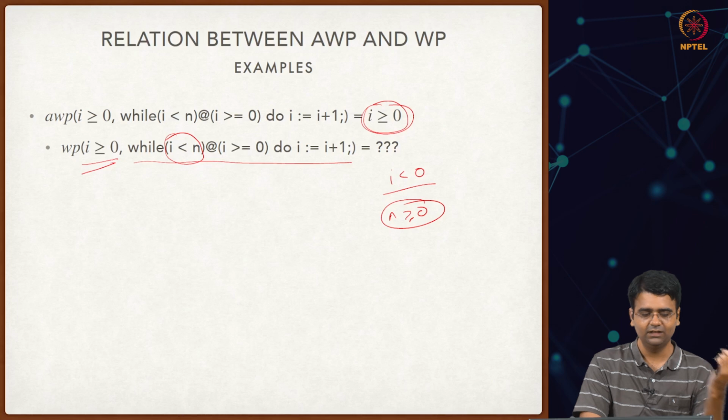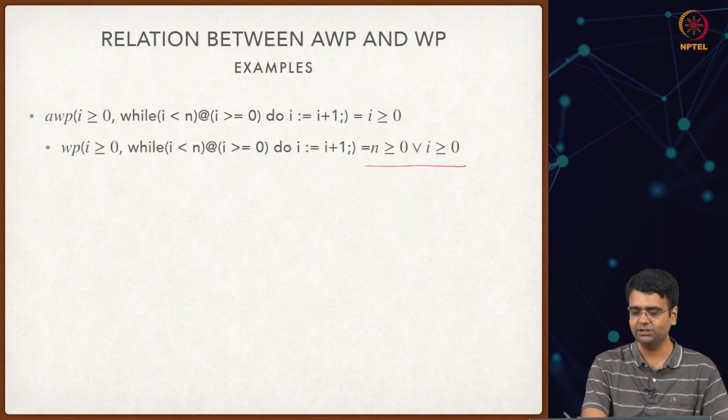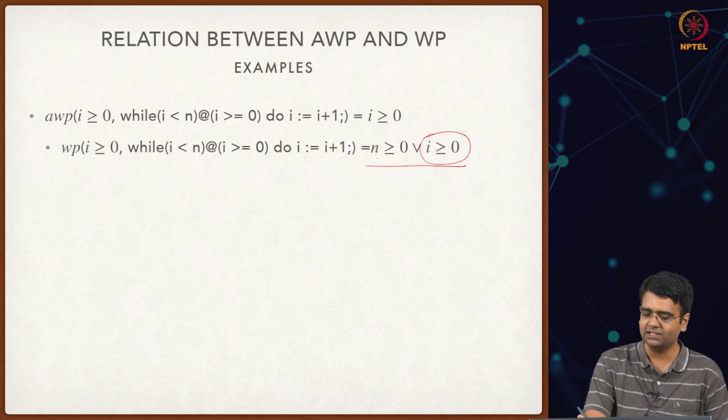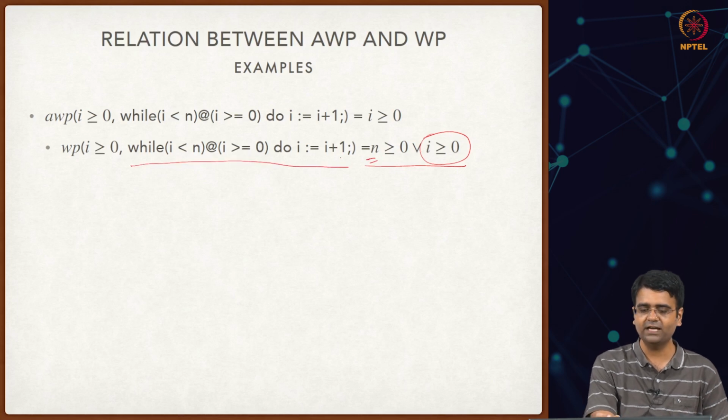So, in fact, the approximate weakest precondition of this is n is greater than or equal to 0 or I is greater than or equal to 0, in the sense that either the value of I can be greater than or equal to 0 at the start of the loop, or if that is not the case, then as long as the value of n is greater than or equal to 0, I do not care about the value of I, because my loop is going to guarantee that after the loop terminates, the value of I will be equal to n, and since n is greater than or equal to 0, I will also be greater than or equal to 0.